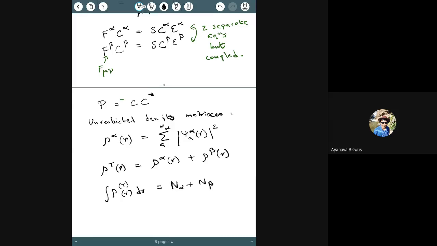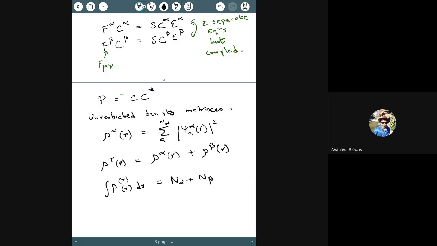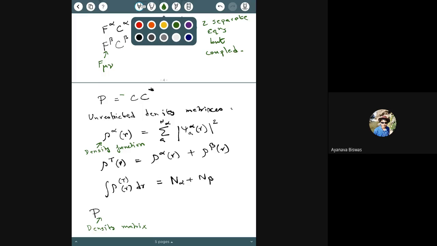So these are the density functions. What we write as P is the density matrix. This also has an alpha electron component and a beta electron component.